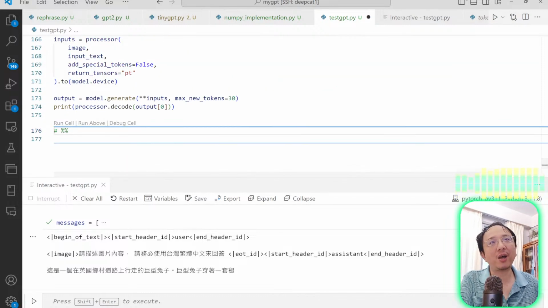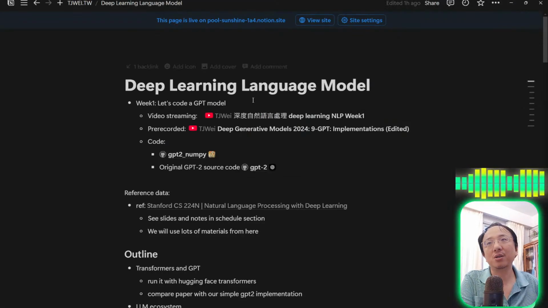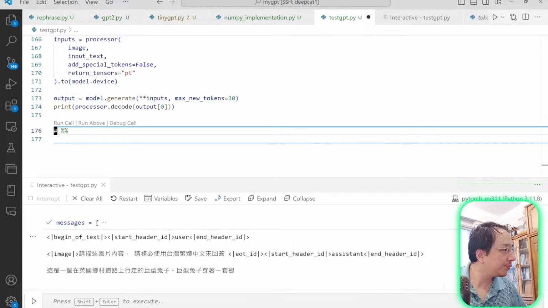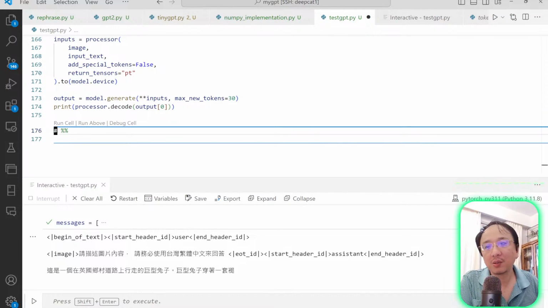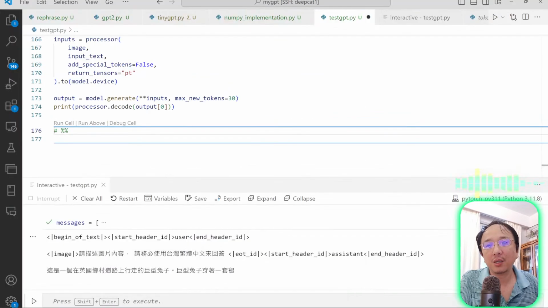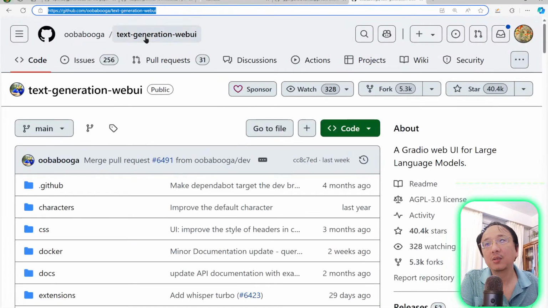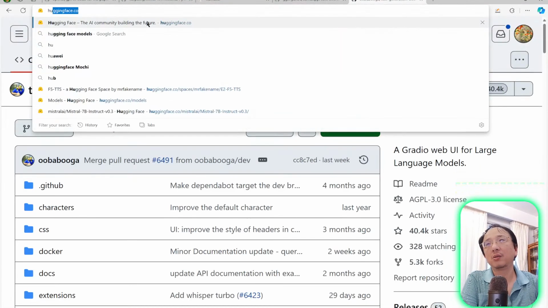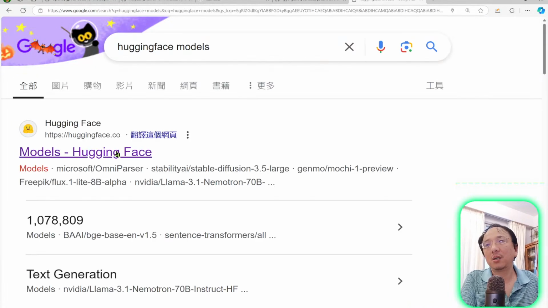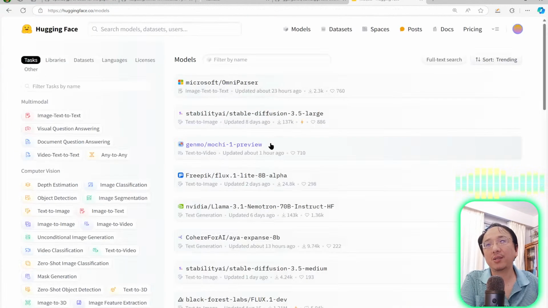So if you want to find out more models, you should search Hugging Face. You can search Hugging Face models here quite easily.